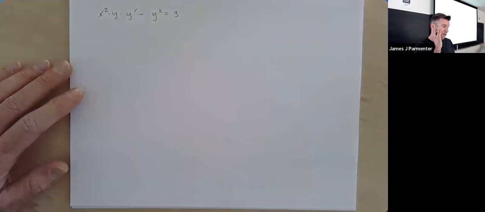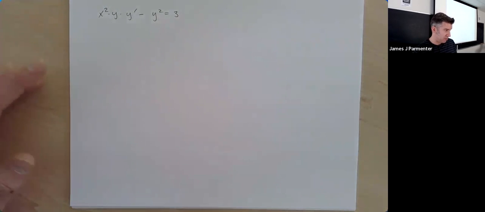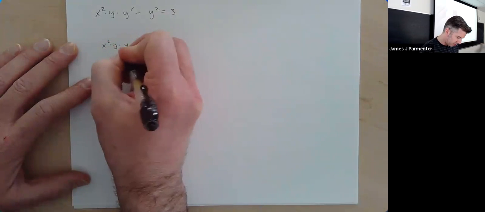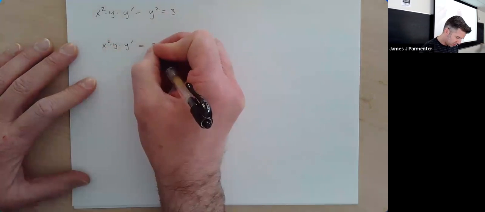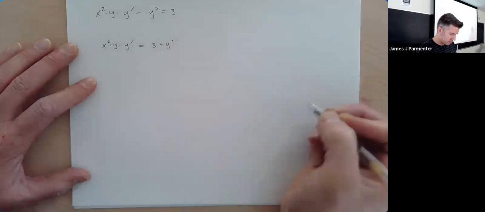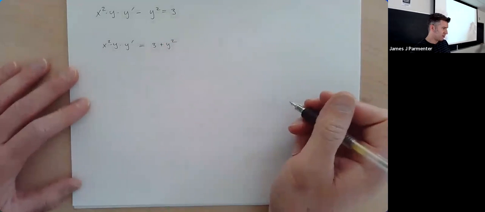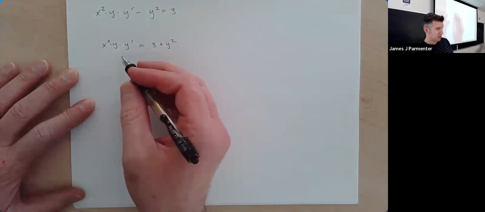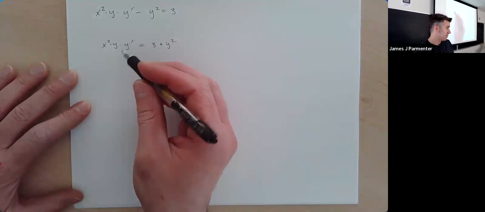So since it's not first order linear, I'm going to try and make it separable. So I'm going to say, great, x squared times y prime equals 3 plus y squared. And then I'm going to try and get all the x's on the right side and all the y's on the left. So really what I should do first is rewrite this as dy dx just to make it more clear.